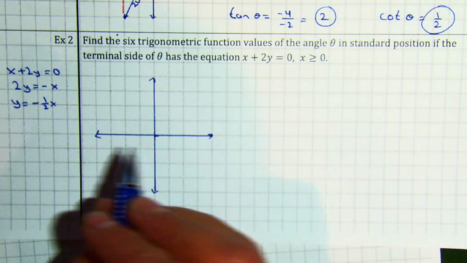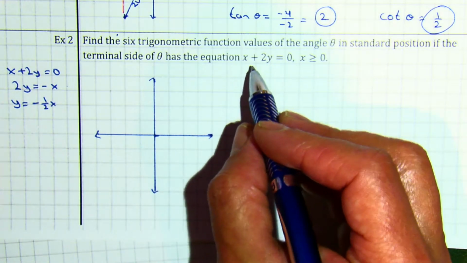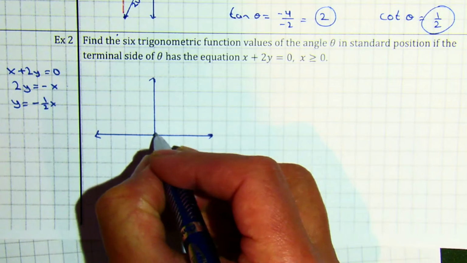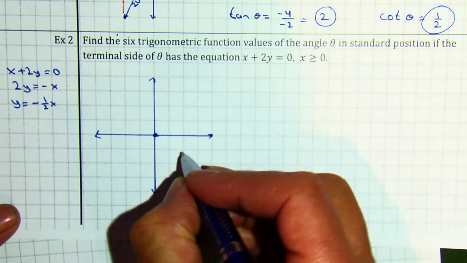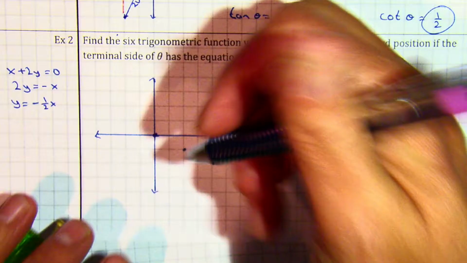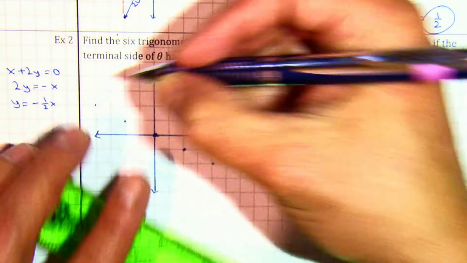Notice that on this type of problem, your y-intercept should always be at 0. I'm going to go down 1, to the right 2, down 1, to the right 2, and this is the opposite: up 1, left 2.